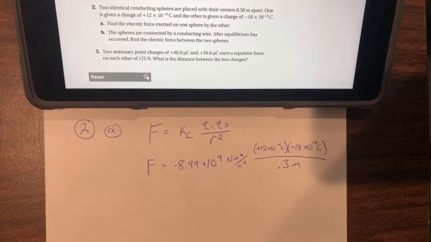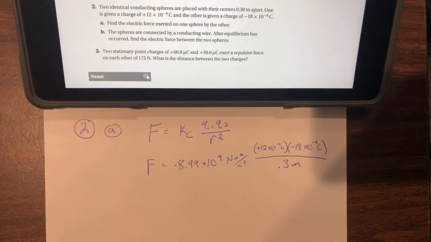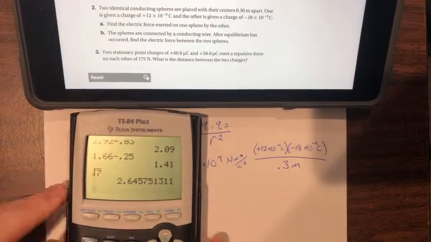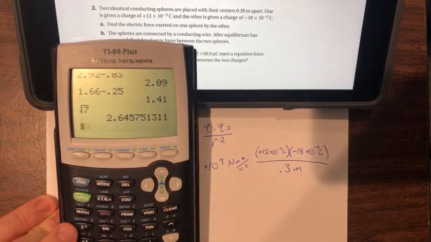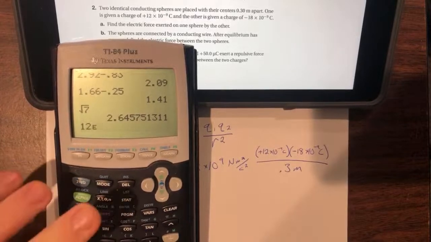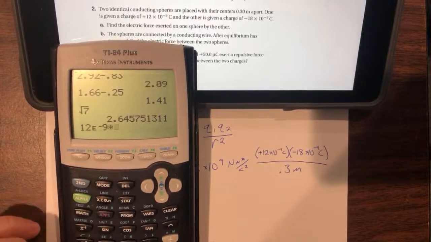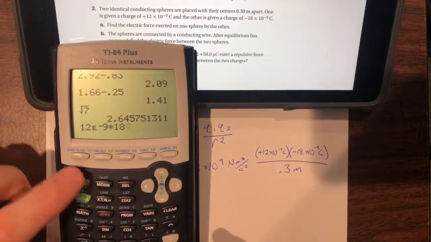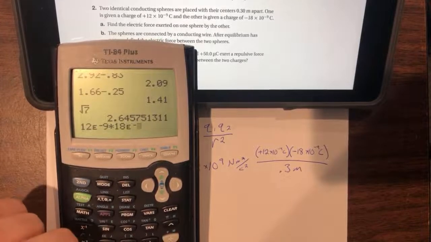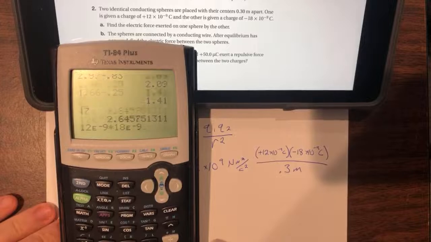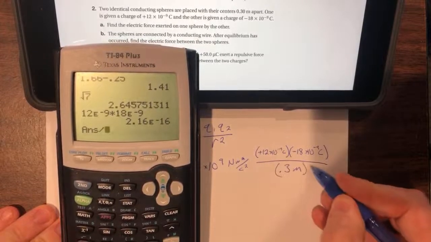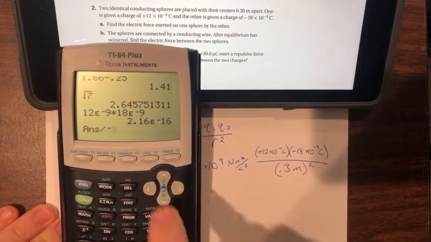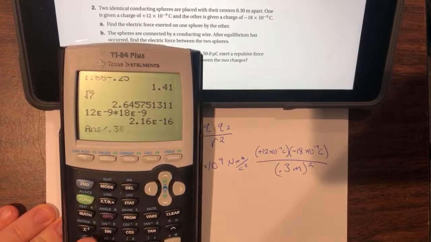All right. So that's going to be 12 times 10 to the negative 9 times 18 times 10 to the negative 9, all divided by 0.3 squared.